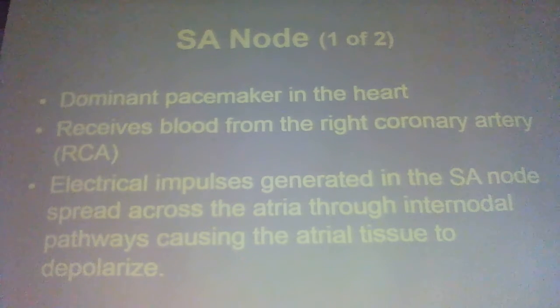Right is P pulmonale because it's a pulmonary problem. And the M is P mitral. So the left, my bad, I'm confused. P mitral is left-sided because it looks like an M. P pulmonale is right-sided because it's coming from the pulmonary problem.